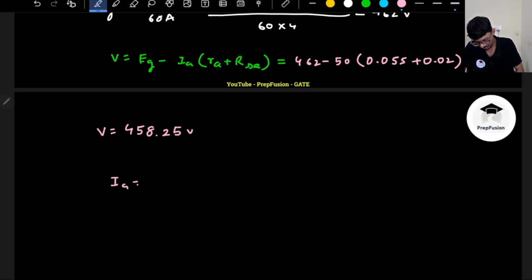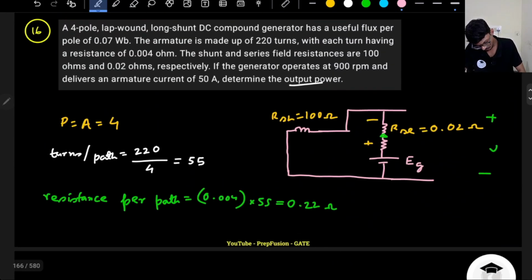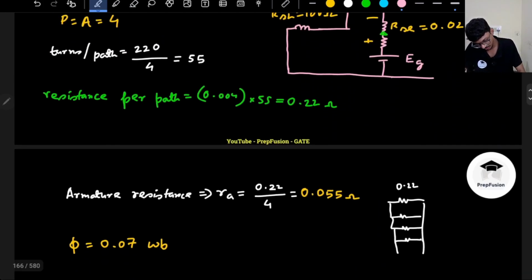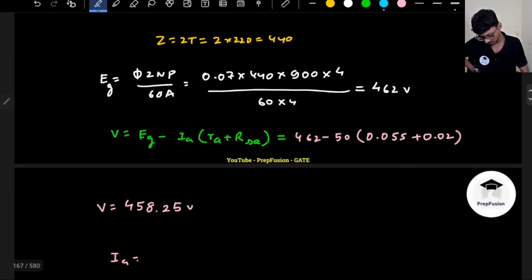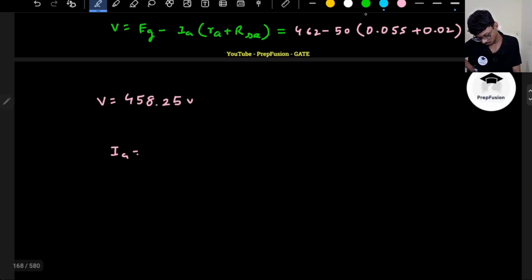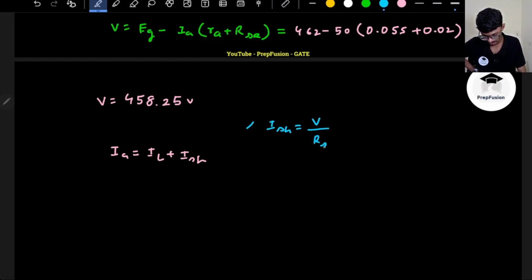What about the current? So IA will be a combination of two currents, because a bit of current will go into the load, but some current will go into the shunt as well. So IA is a combination of the load current plus the shunt current. So what is the shunt current? Shunt current, ISH, will be equal to V upon RSH.